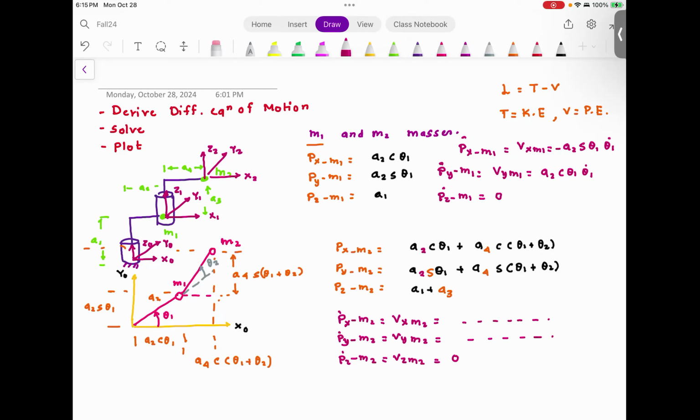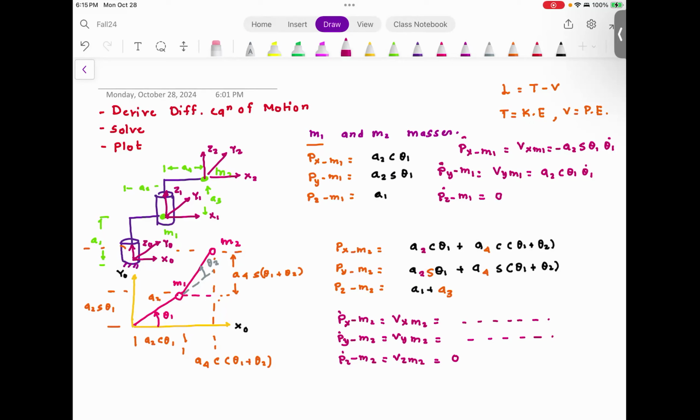So first and foremost, if you want to solve the dynamics problem, you need to find out the positions of the masses, where those masses are located. We are going to start with an easy problem.